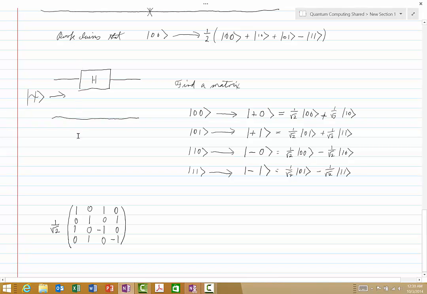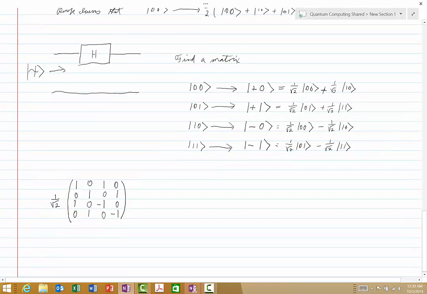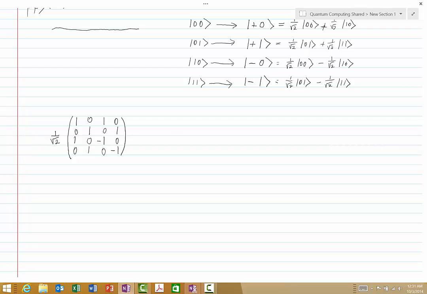So this is the first thing that encounters it, and in our matrix expression, this will be at the extreme right. Now the next part of the circuit is the controlled NOT gate.